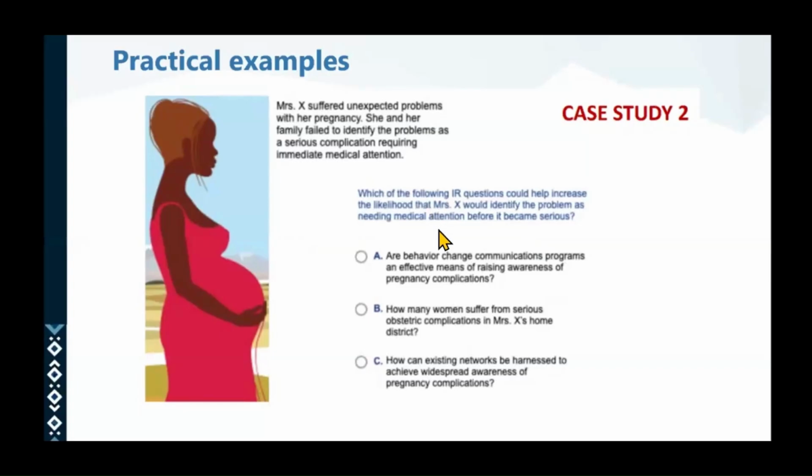We have option A, are behavioral change communication programs an effective means of raising awareness of pregnancy complications? B, how many women suffer from serious obstetric complications in Mrs. X's home district? And C, how can existing networks be harnessed to achieve widespread awareness of pregnancy complications? So please just drop your responses in the chat box, and we're going to look at them at the end of the lesson.